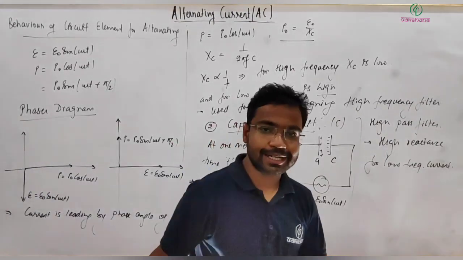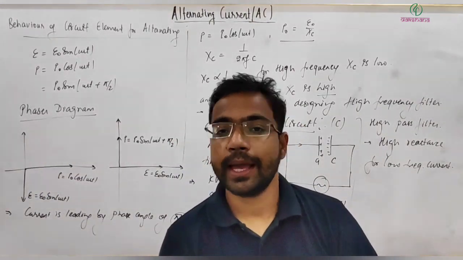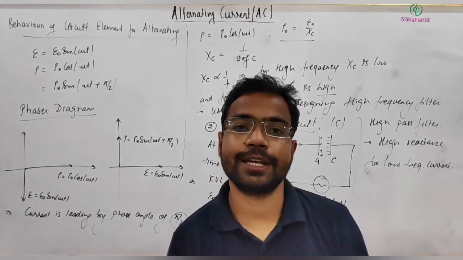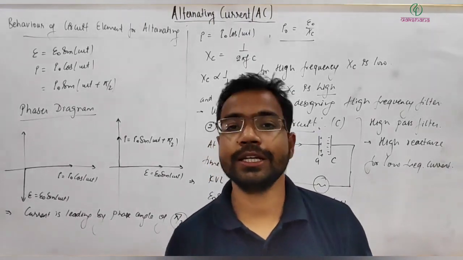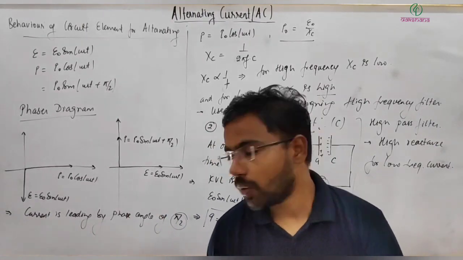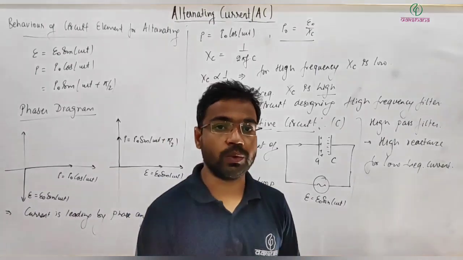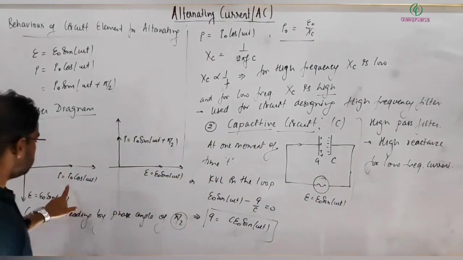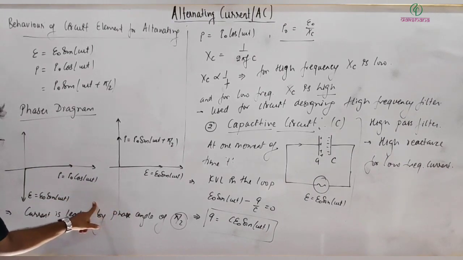So by this time you must be clear how a capacitive circuit or a resistive circuit behaves when an alternating source is connected across them, which one leads, lags, and what it actually means. In case of a capacitive circuit, both phasor diagrams are exactly correct.